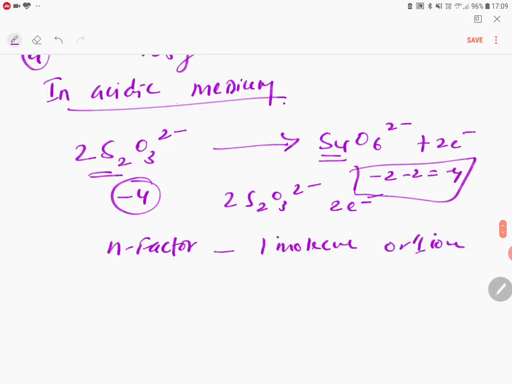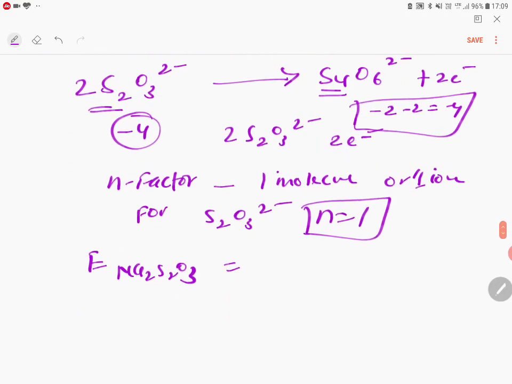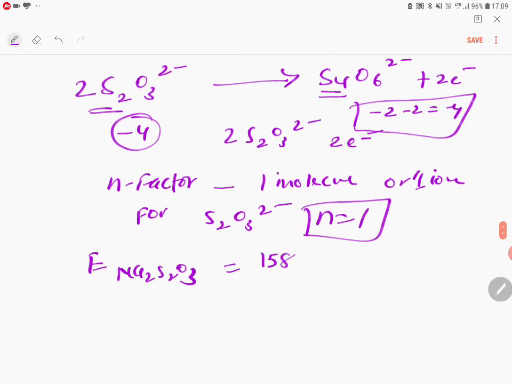Therefore, here for one thiosulfate ion, n factor is 1. Okay. Therefore, equivalent mass of sodium thiosulfate in this case is equal to, so what is the molar mass we calculated? 158. 158 by 1 is equal to 158 grams.